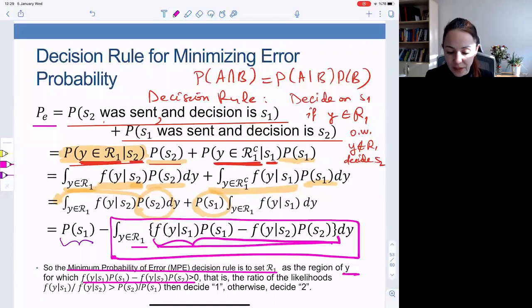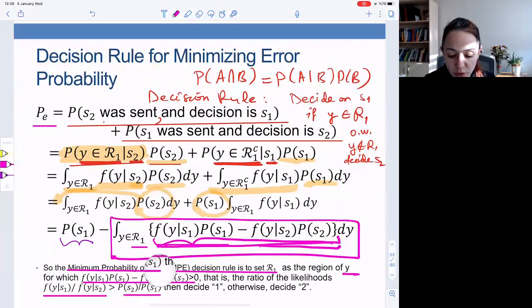In other words, the region R1 is chosen such that f_Y given S1 times P(S1) is bigger than f_Y given S2 times P(S2) over R1. In other words, f_Y given S1 divided by f_Y given S2 is bigger than P(S2) divided by P(S1).